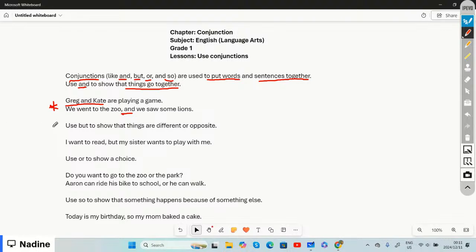Then we use the word but, and we use the word but to show that things are different or opposite.